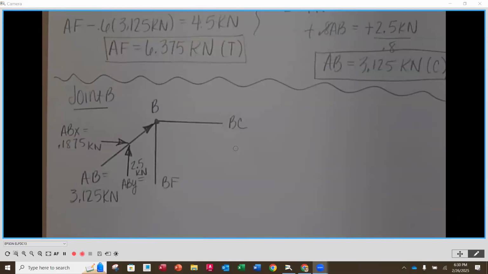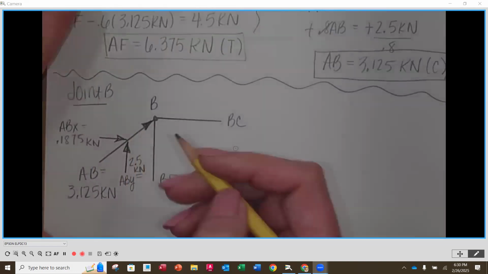All right. Now, that's what we know. We have to now assign our directions for the 2 members that we need the values for. So if we look at what we know, we have an X component going to the right here. We have an X member right here.